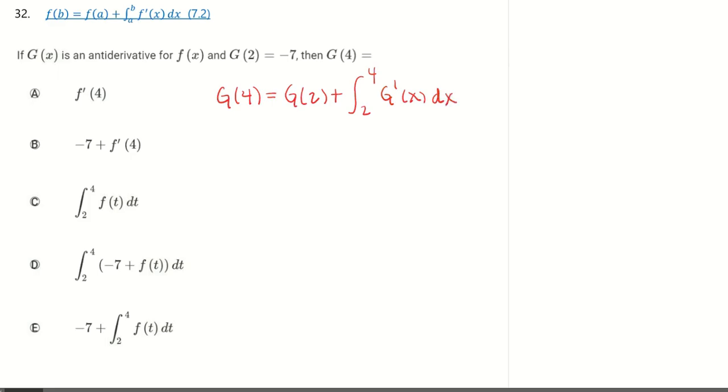If g is an antiderivative for f, then f is the derivative of g, so g prime is going to be f, and I'm going to put that in. They told us that g of 2 is negative 7, and so that's why it's answer choice E. Negative 7 plus the integral from 2 to 4 of f of x dx.